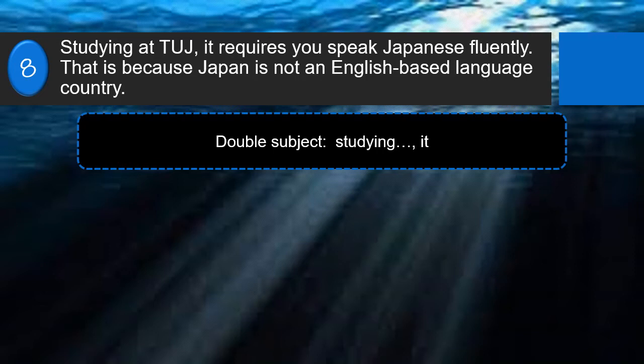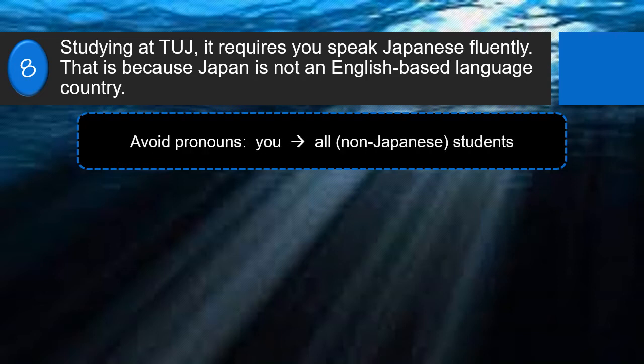The subject is the action studying at TUJ. Avoid pronouns. Avoid things like you. Instead of you requires students, all non-Japanese students. Something like that.